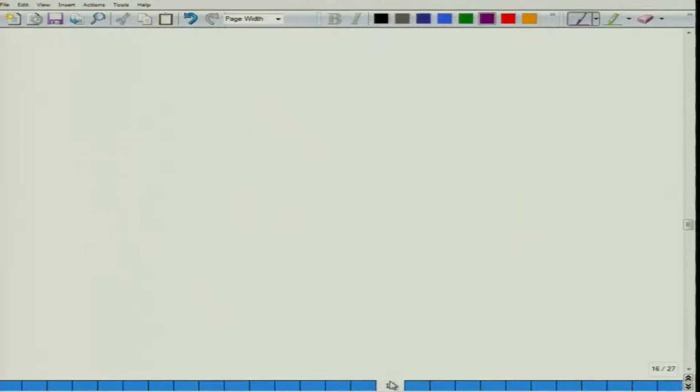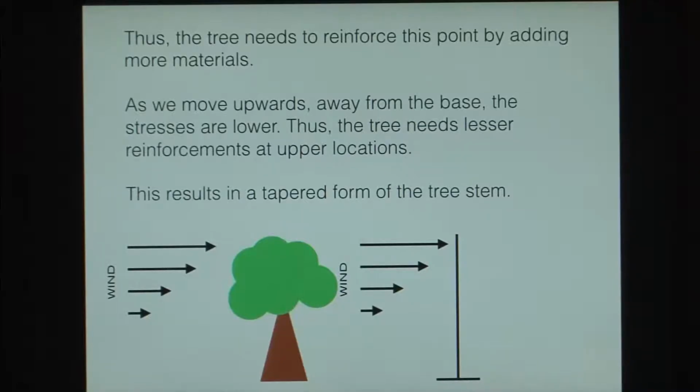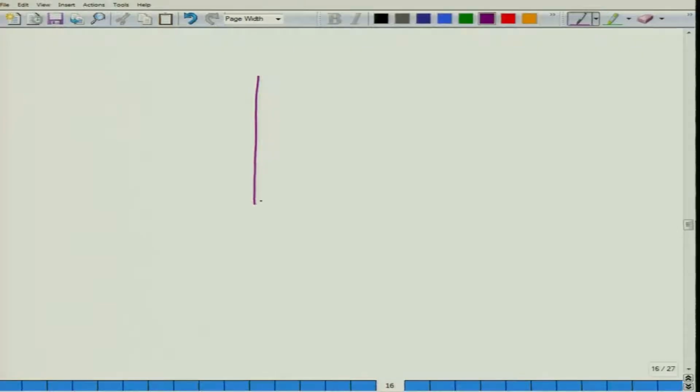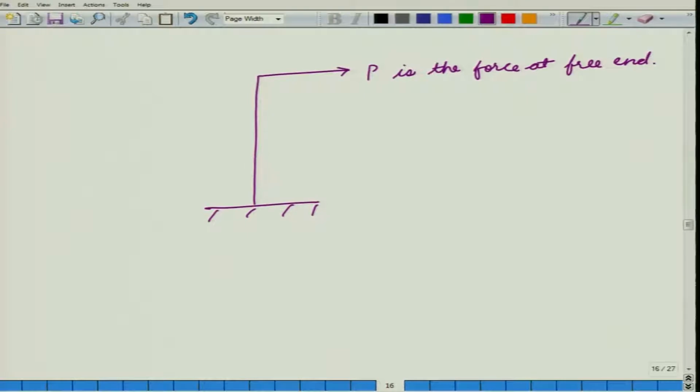But can we show it mathematically? So, let us now consider a cantilever beam on which a force P is being applied. So, P is the force at the free end. Now, let us consider a point somewhere here.